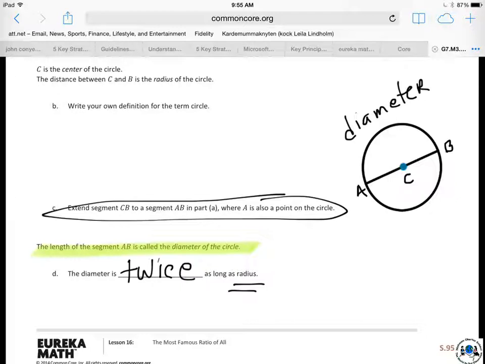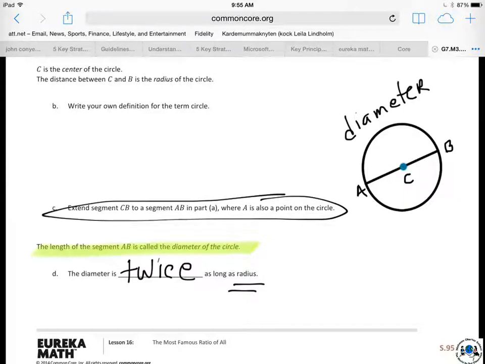But when you use a compass, your perfect center is going to be the little hole that you create with your little pin point.